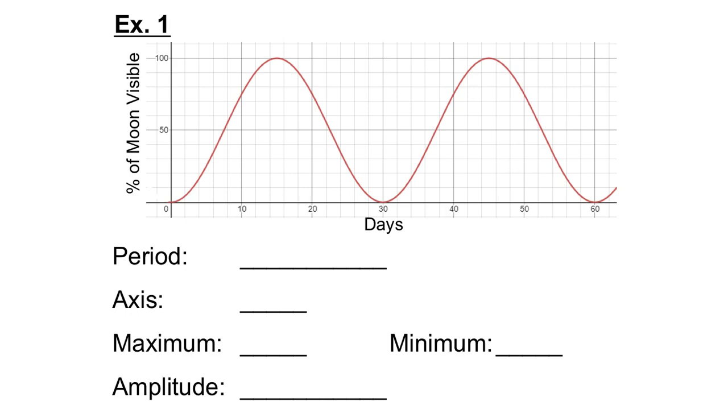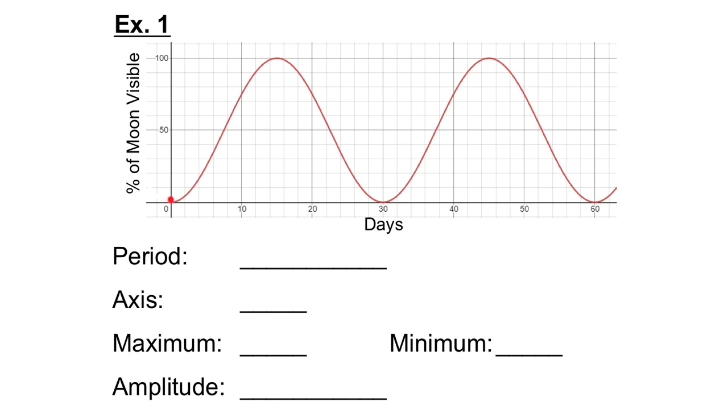So here's my example. This is the same situation as we graphed in the warm-up, the lunar cycle. Here we have the percent of the moon visible and the number of days on the x-axis. So I'm going to go through the period, the axis, the maximum, the minimum, and the amplitude, so you can see how those definitions relate to an actual function. So first off, let's talk about a cycle.